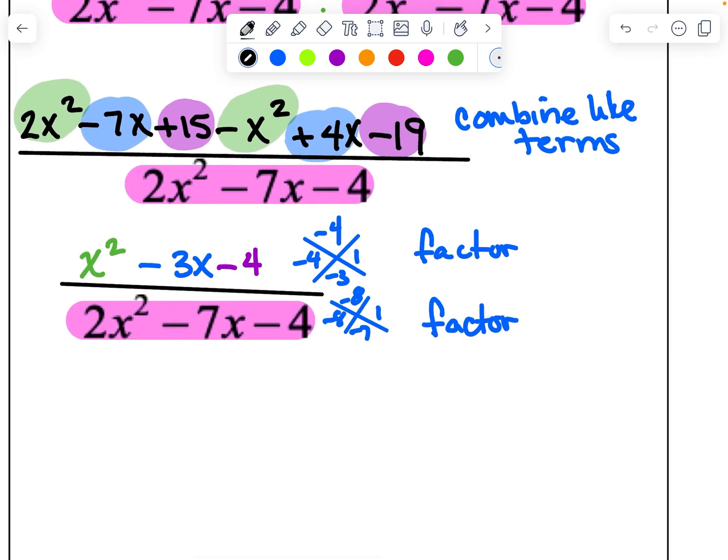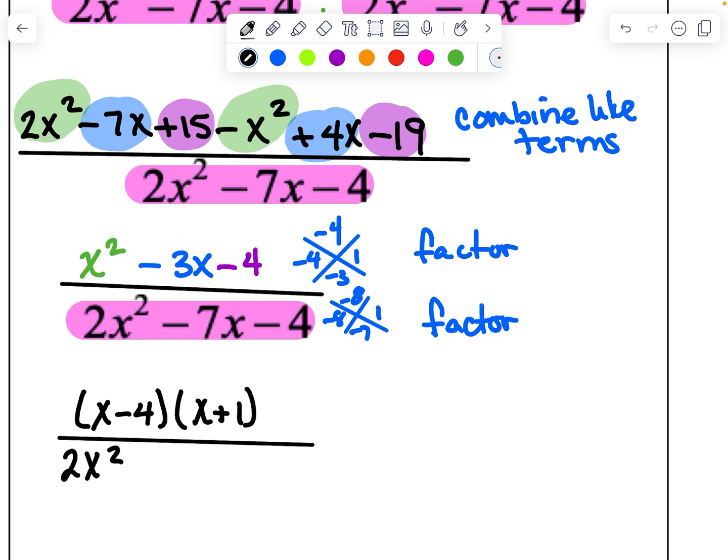So we are going to have x minus 4 and x plus 1. And then we are going to have 2x squared minus 8x plus 1x minus 7.